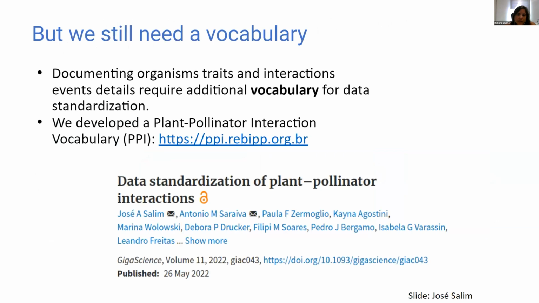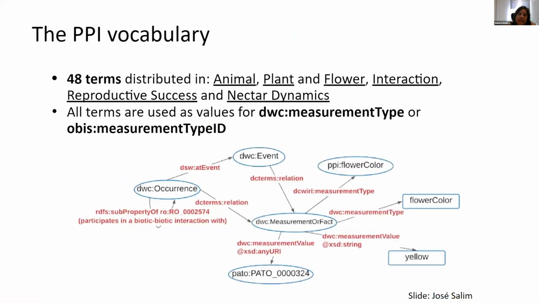It's important to mention also that we need a vocabulary to document the traits and the interaction details. And in the same paper that we proposed the model, we proposed a vocabulary. And we're also going to explore the vocabulary. We are already doing that in the pilot phase.